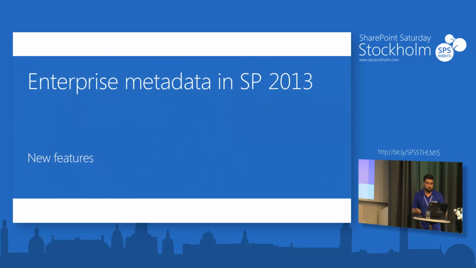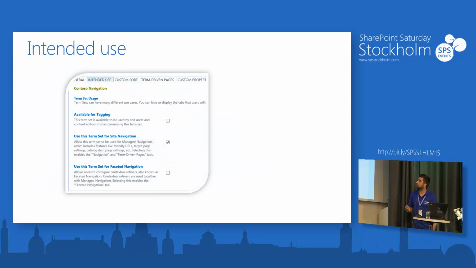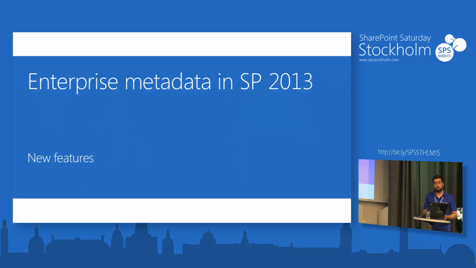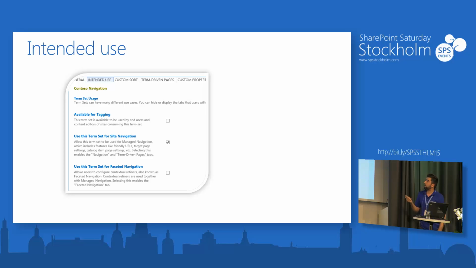So let's jump into the enterprise managed metadata in SharePoint 2013. Let's look at the key features that have been introduced in 2013. The first metadata feature introduced into SharePoint 2013 is the intended use. For example, you can define that metadata is available for tagging, so you define the purpose of that metadata.